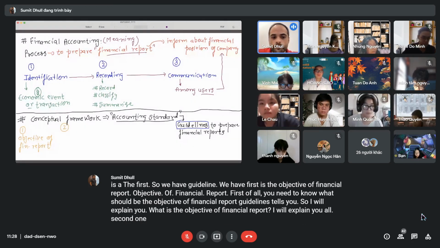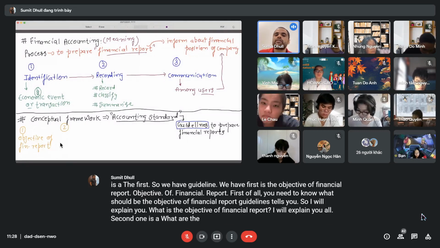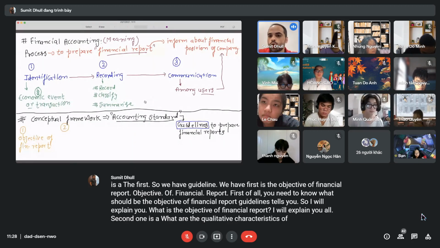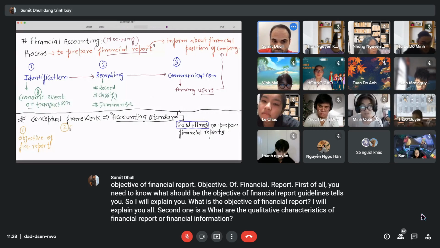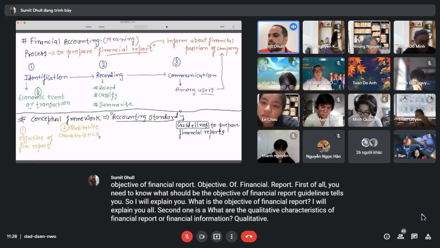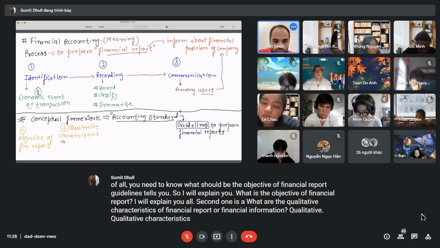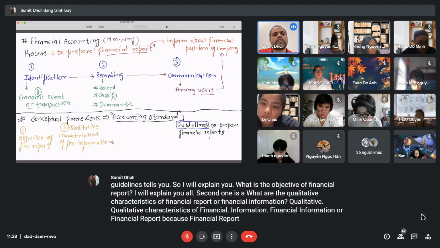Second one is the qualitative characteristics of financial report or financial information. Financial information or financial report, because a financial report provides you financial information.